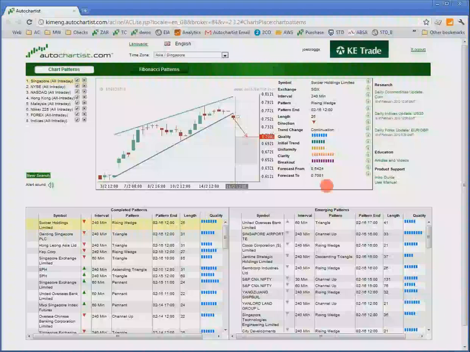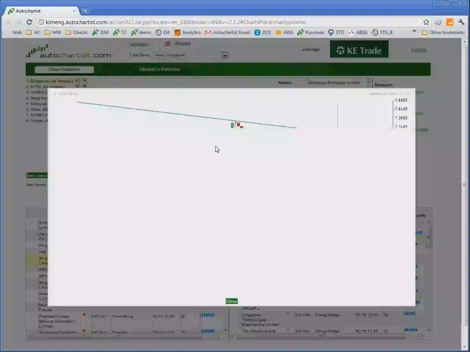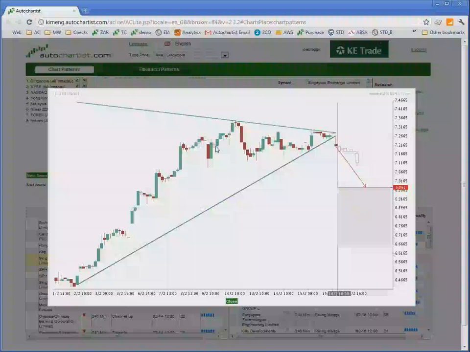Some of the graphs get a bit small, especially longer ones. Let's see, this one's not that long, but it's getting a bit longer. If you click on the image itself, it will bring up a pop-up. It will just overlay this pop-up over your screen and give you an enlarged view of the chart pattern itself.